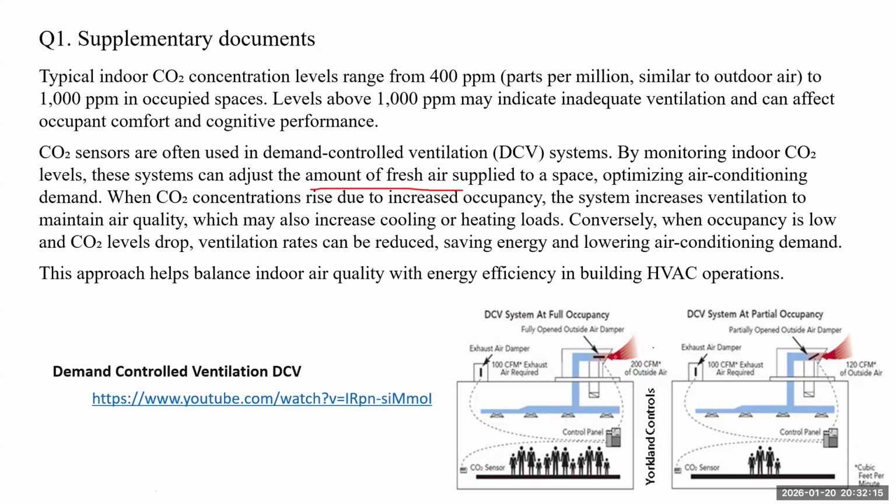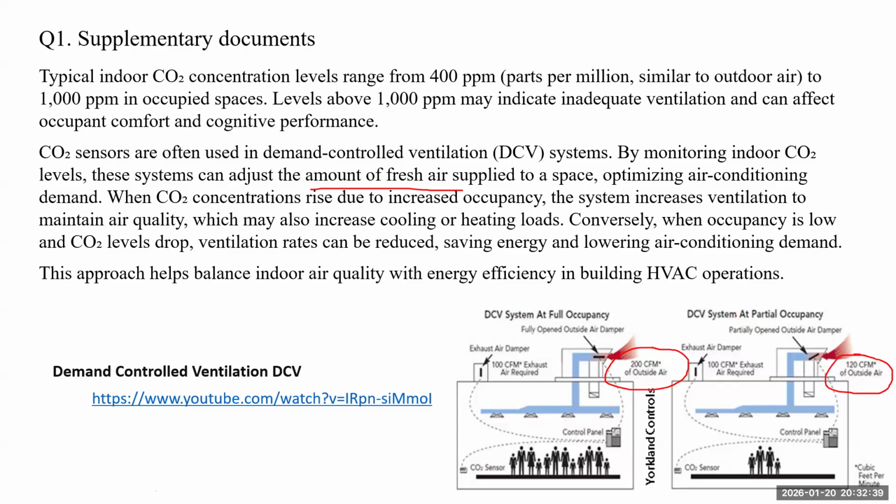The system adjusts the amount of outdoor air to maintain air quality. If the occupancy is low and the carbon dioxide levels drop, ventilation rates can be reduced at partial occupancy.